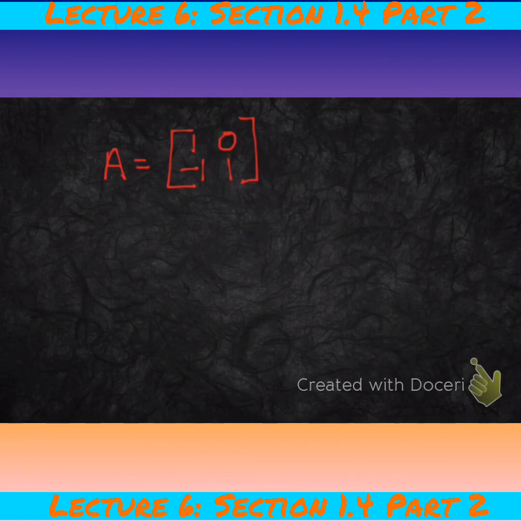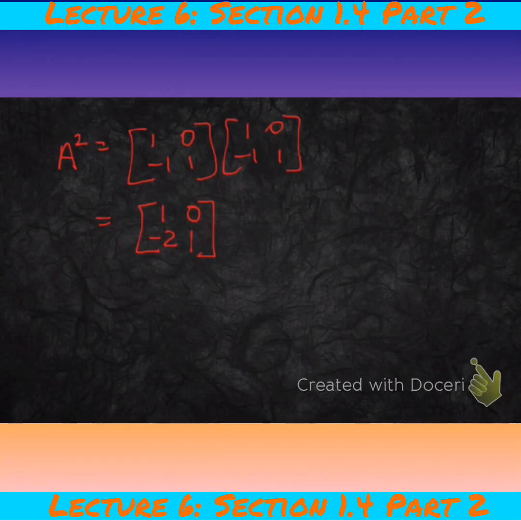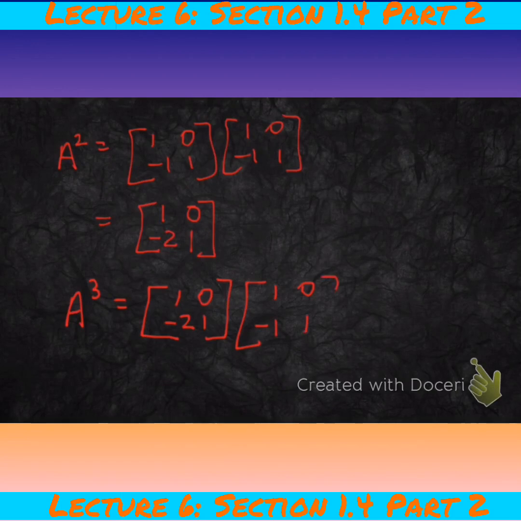Right, so taking that matrix and squaring it, let's just get an idea of how this works. Looking at A cubed, we see that it will be 1, 0, minus 2, 1, and we're going to multiply that with 1, 0, minus 1, 1.